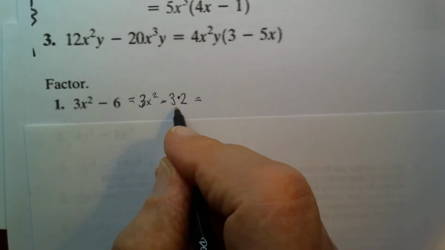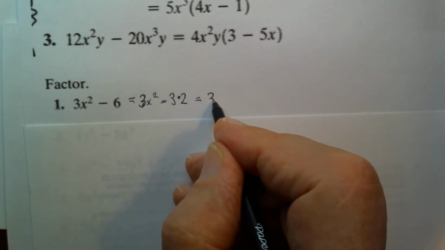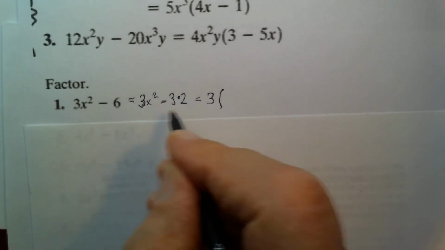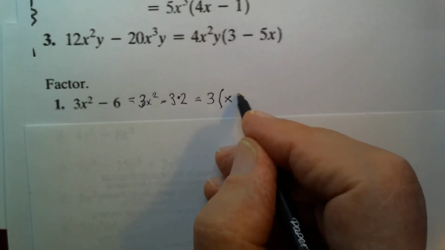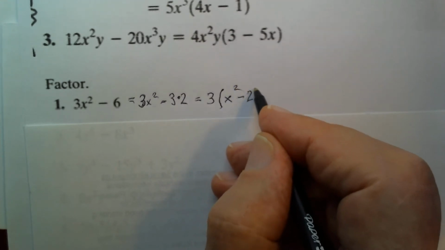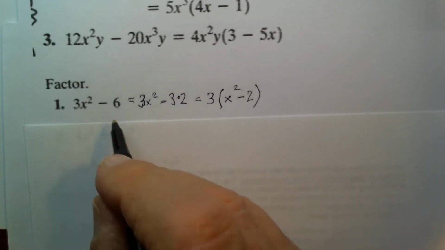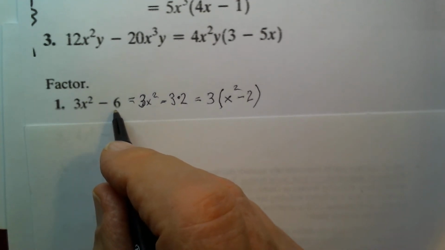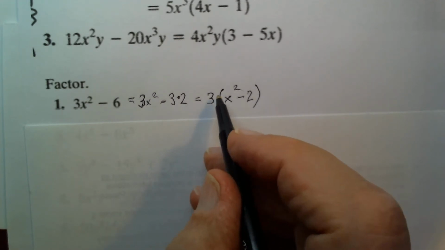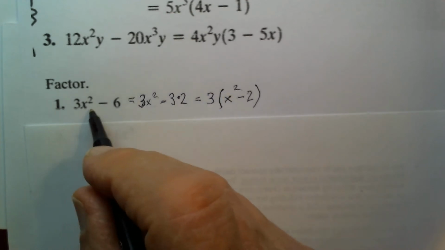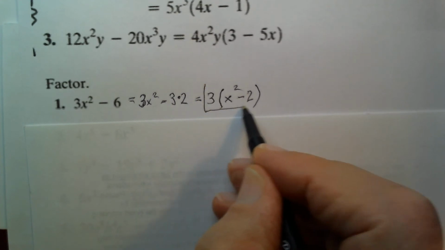And since there's no x in the second term, we cannot factor out an x, but we can factor out a 3. So 3, and then there's an x squared, and there's a minus 2. And so that would be the factorization of the polynomial, monomial times binomial. And again, we check our answer, our work. 3 times x squared is 3x squared, and 3 times minus 2 is minus 6. So this is our correct answer.